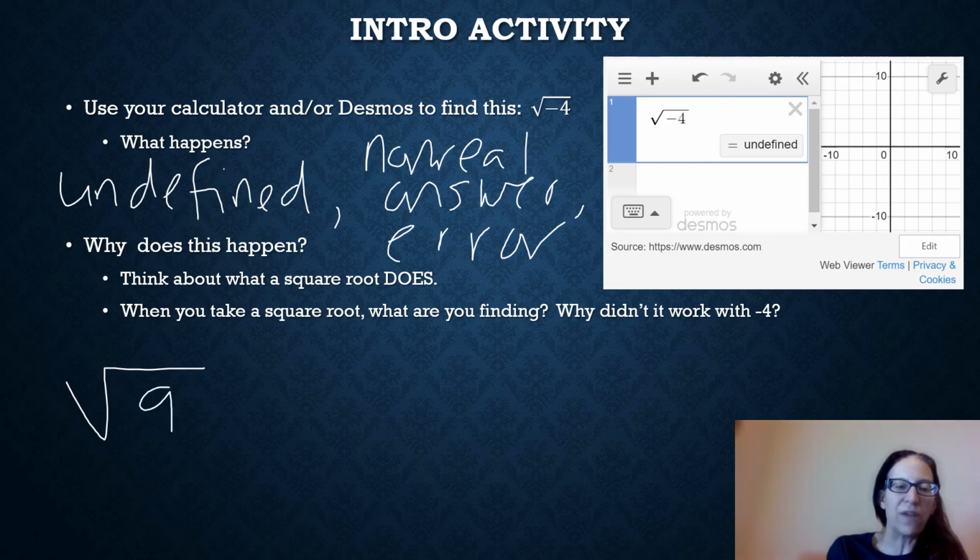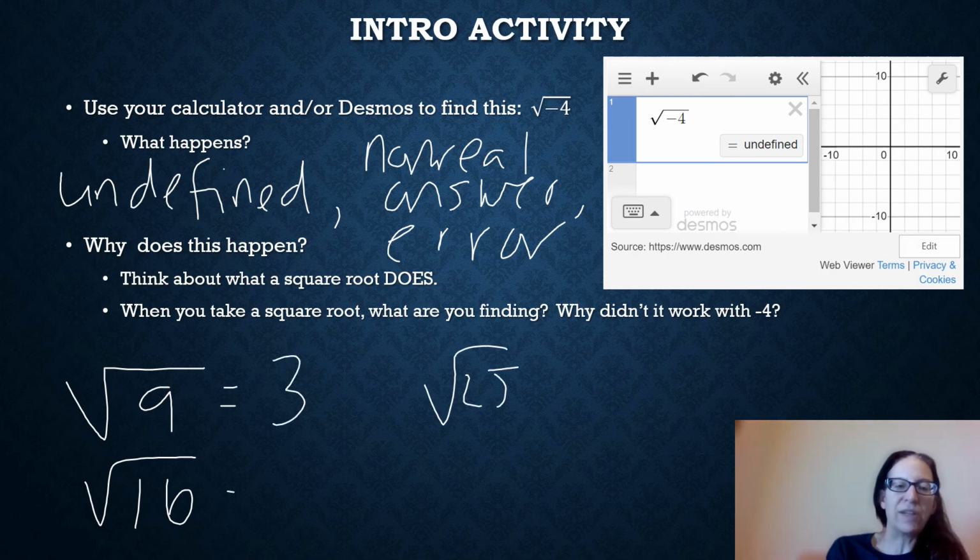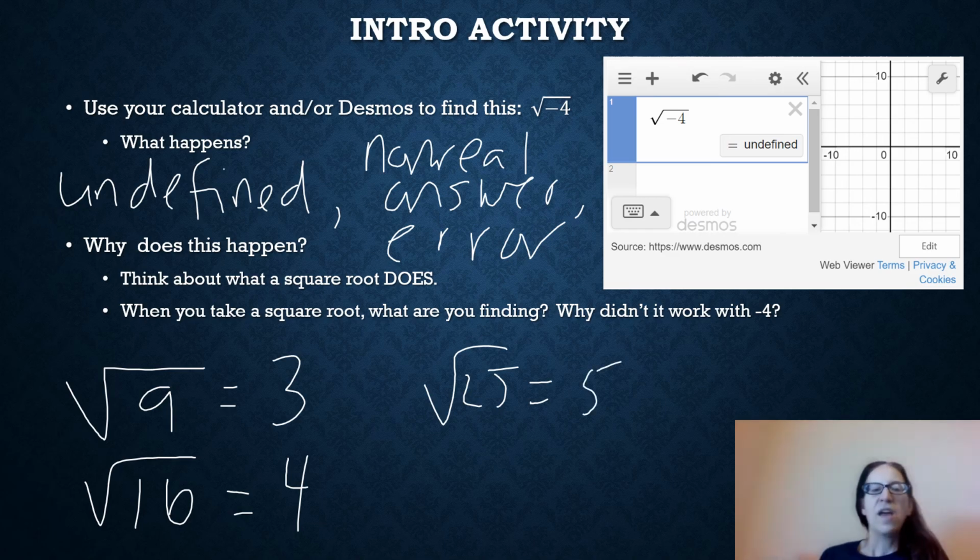So if you were to find the square root of 9 or 16 or 25, the square root of 9 is 3, the square root of 16 is 4, the square root of 25 is 5, and so forth. What you're doing is you're finding the number that when you square that number will give you whatever is under the square root.